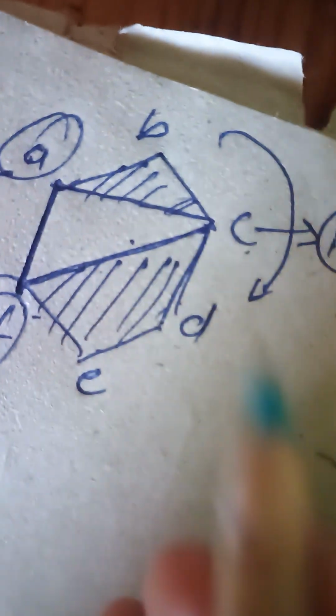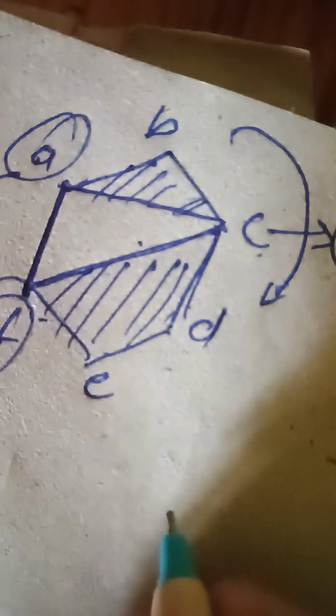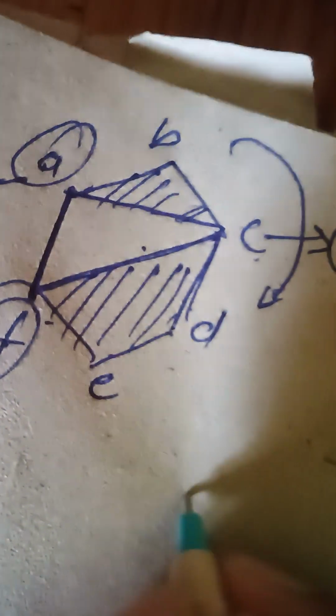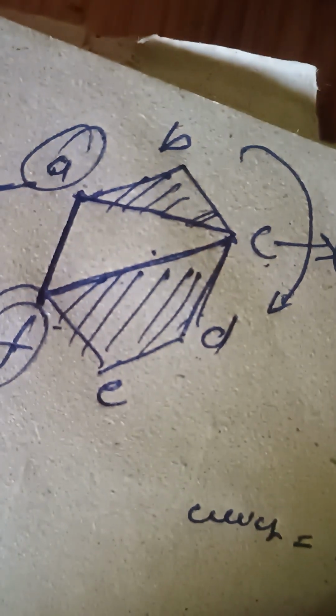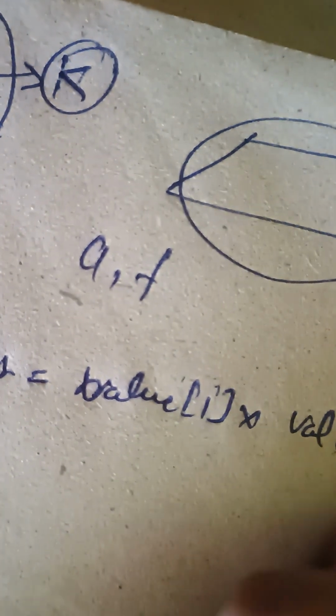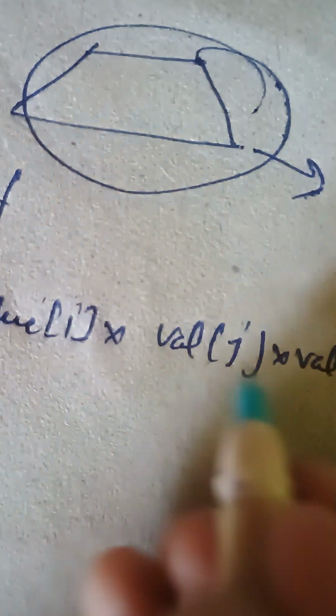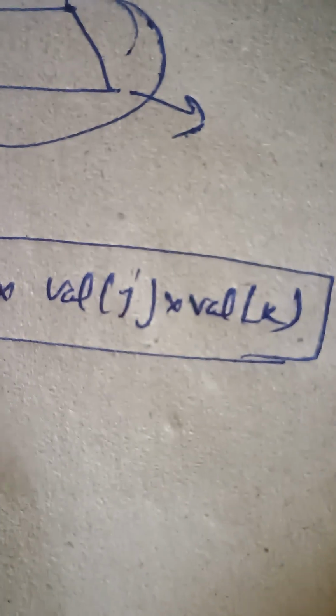Let's say this vertex is I, this vertex is J, and I also call this vertex K. We need three vertices for a triangle. So the weight will be the value of I times the value of J times the value of K. I got this by myself.